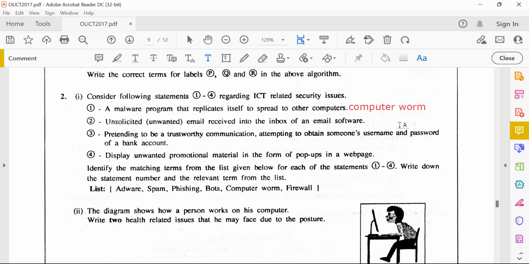Second one, unsolicited, unwanted, unexpected email received in the inbox. Yes, unwanted ones we call spam.